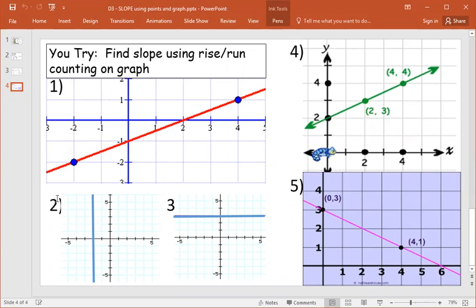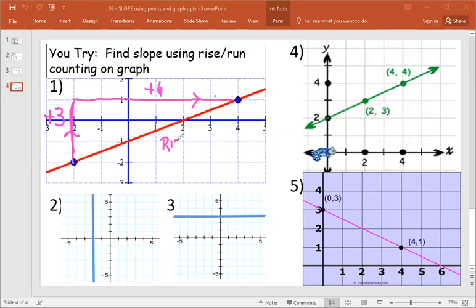All right, so here I am going to start at the bottom and we're using rise over run. So I'm going up 1, 2, 3. So I'm going up positive 3, and then I'm going to the right 1, 2, 3, 4, 5, 6, positive 6.